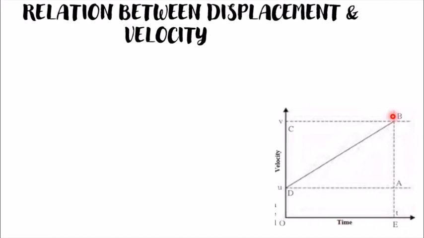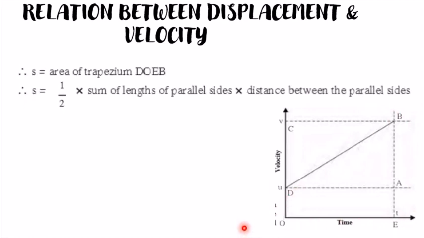This time we are going to use the formula of trapezium. So, the formula for trapezium DOEB is half into sum of length of parallel sides into distance between the parallel side. So, in this graph, where can you find the parallel side?